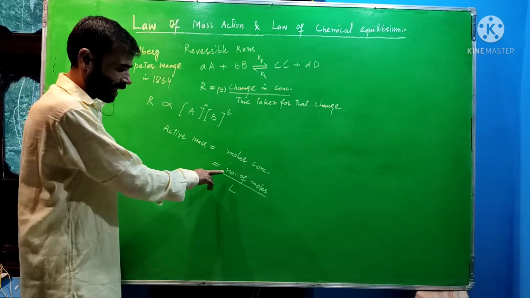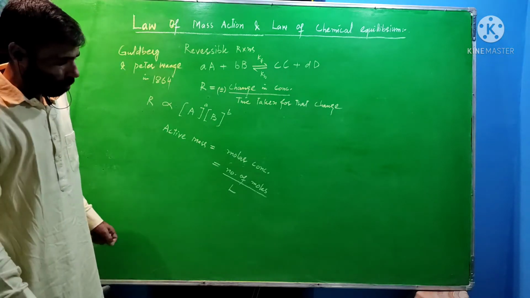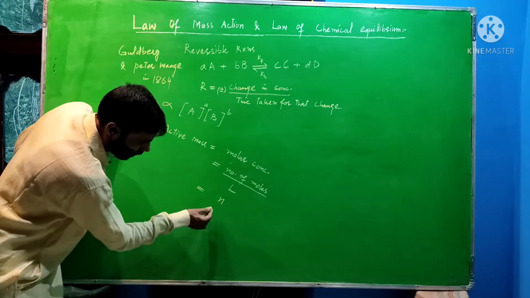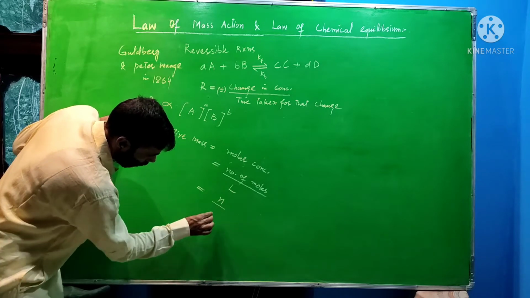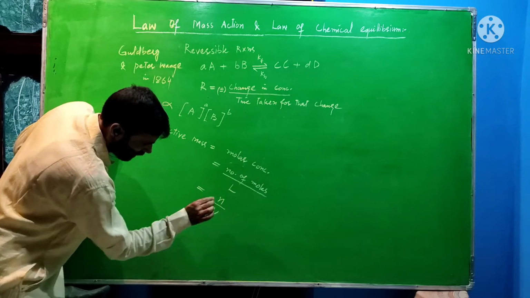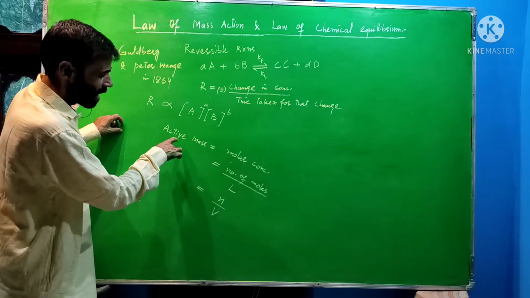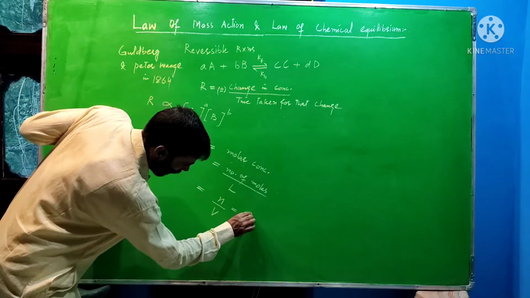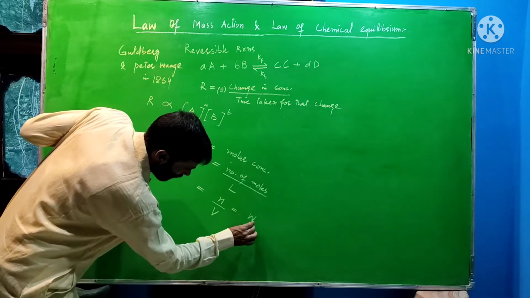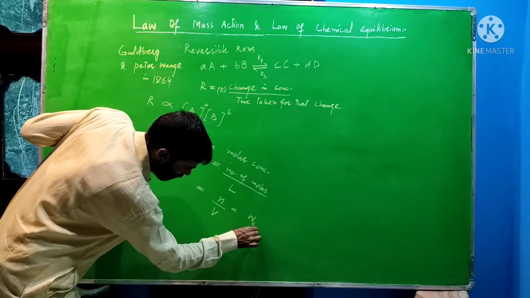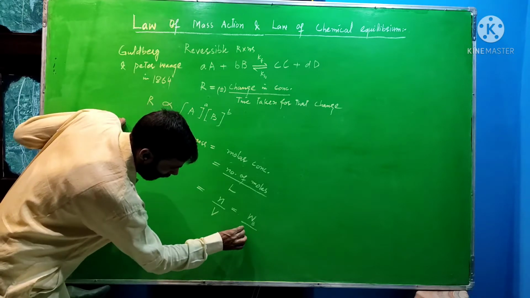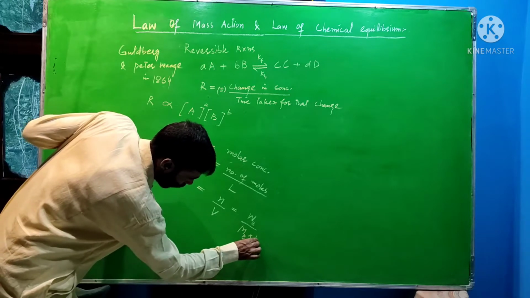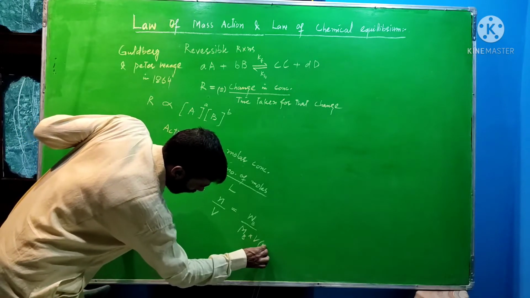Active mass we can call the number of moles dissolved per liter. Here, if I write the number of moles as n and the volume in liters as V, this one we call active mass. We can now express this in this fashion. The number of moles we know is mass in grams, WB, divided by its molar mass MB, then divided by volume V in liters.